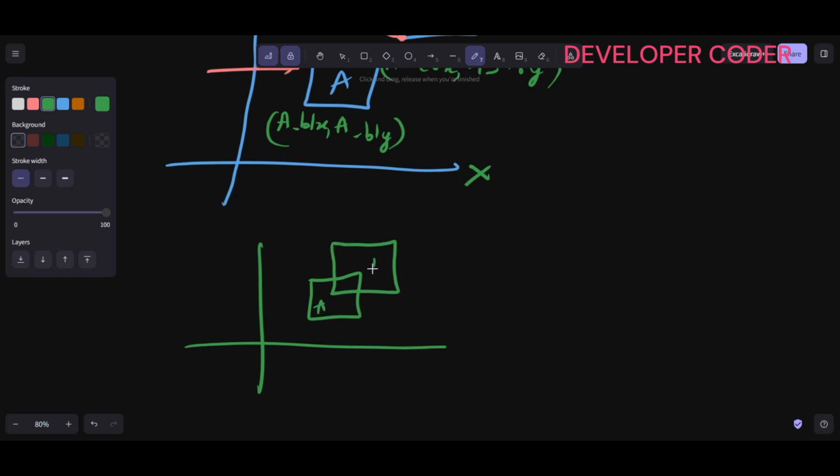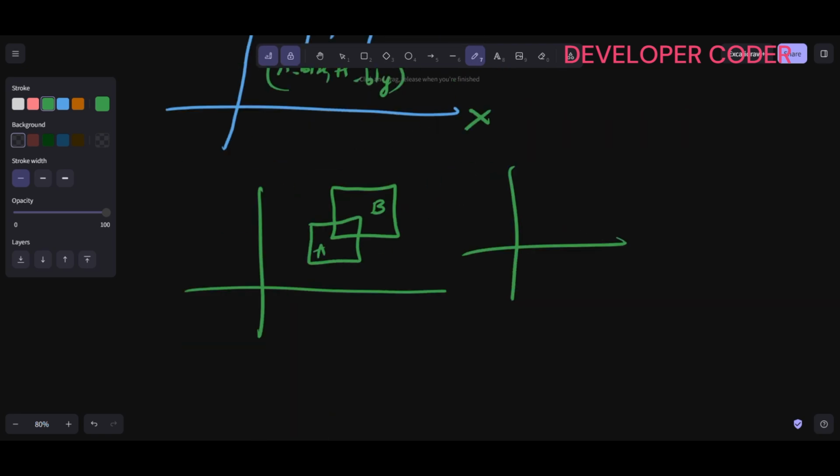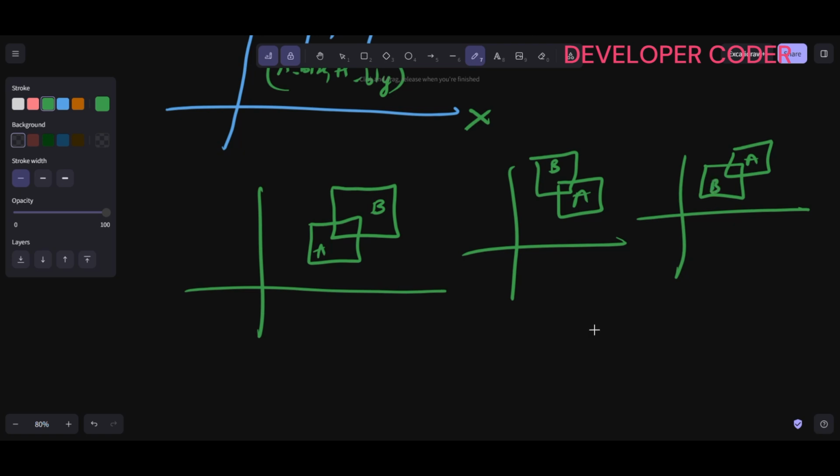Let's say square A, square B, the box A, box B, right? These are boxes, we need to fit a square. So here also let's say these are boxes. Same way, maybe these two boxes may intersect like this, A here and B here. They may intersect like this, A here and B here.